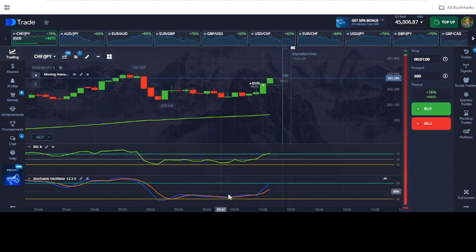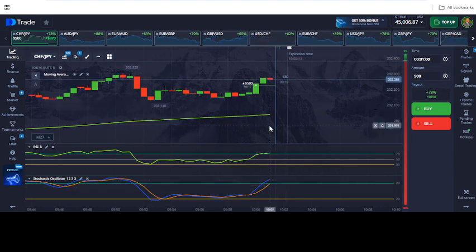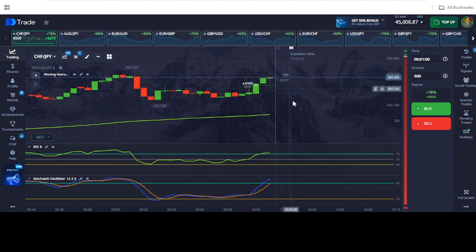And thirdly, the stochastic oscillator, the blue K line crossing over the D line here in an upward direction. So we have three confirmations here suggesting a bullish momentum to the upside over the next 60 seconds. The bulls have taken over for the time being.